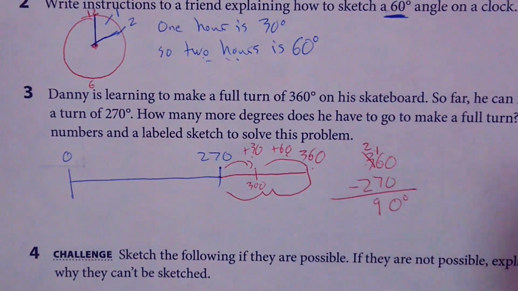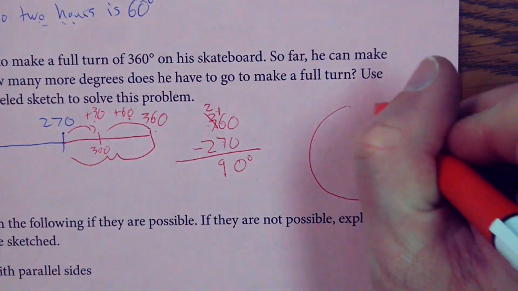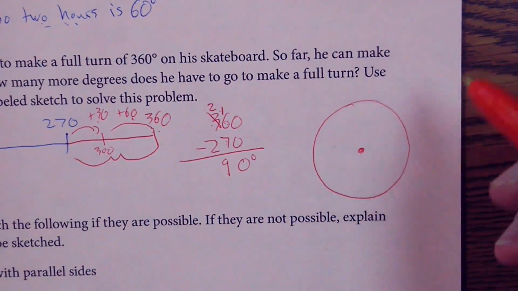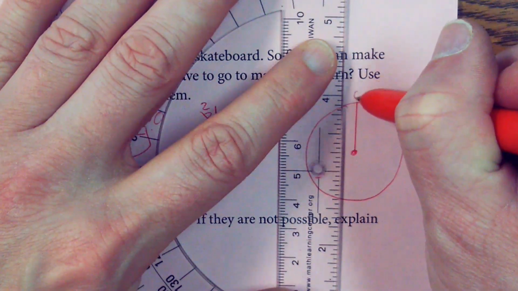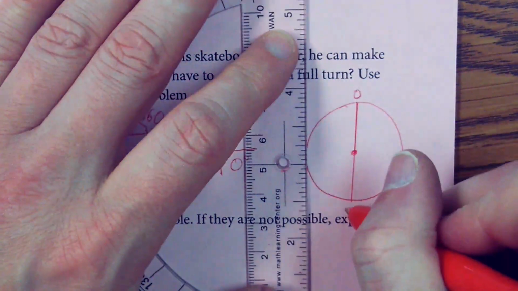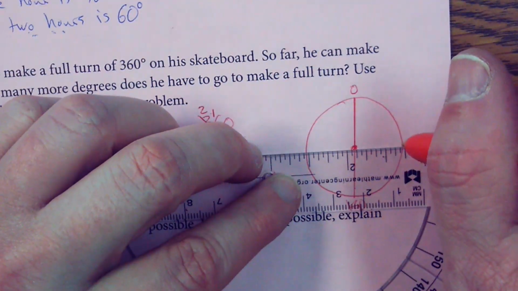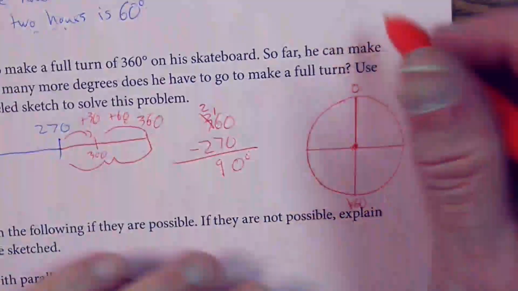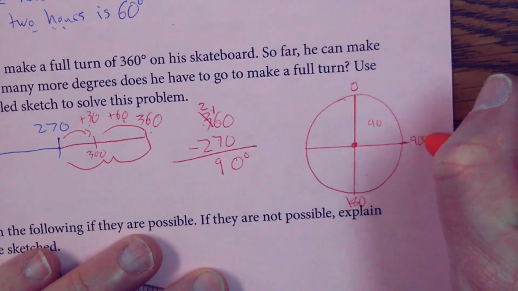So he needs to get to 360 degrees. If you're going to use like maybe the idea of a clock or just a circle in general, if we represent 0 here, we know that a straight line is 180. We know that if we count by quarters, right, then we go 90 degrees here. So this line here is 90.